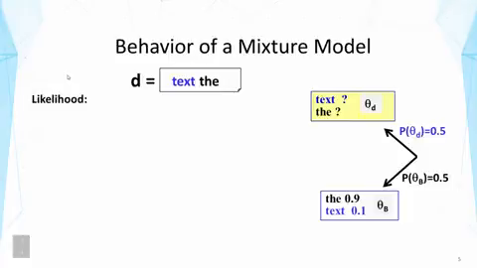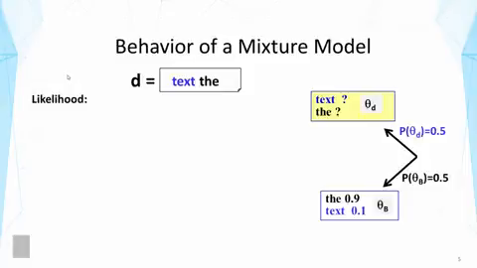So we're going to flip a fair coin to decide which model to use. Furthermore, we are going to assume there are precisely two words, the and text. Obviously, this is a very naive oversimplification of the actual text. But again, it's useful to examine the behavior in such a special case.